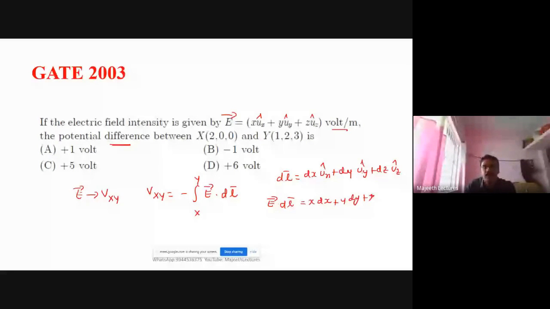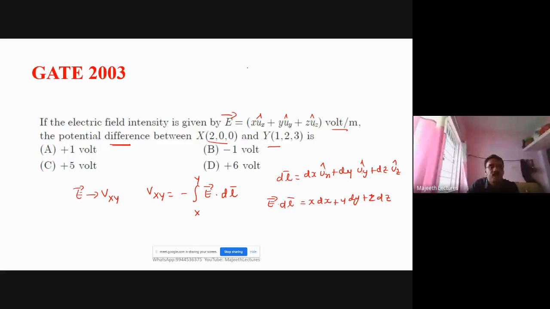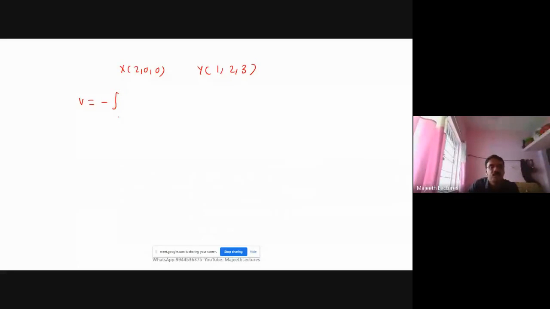Now we got E dot dl. X and y we know. Now we have to substitute in the formula. So x is 2, 0, 0. Y is 1, 2, 3, I feel, right? Okay. So V is equal to minus integral from x to y of E dot dl.